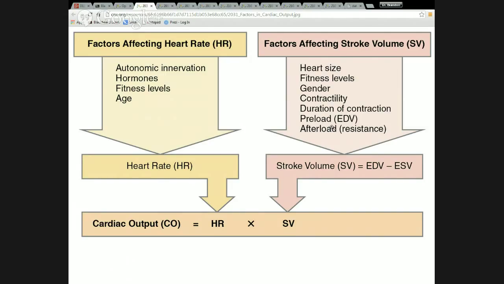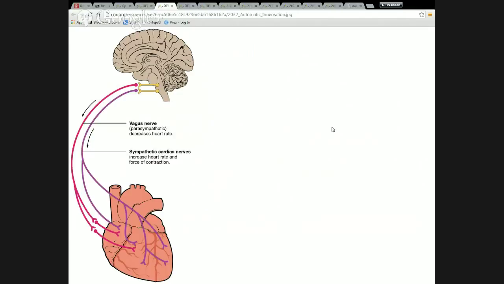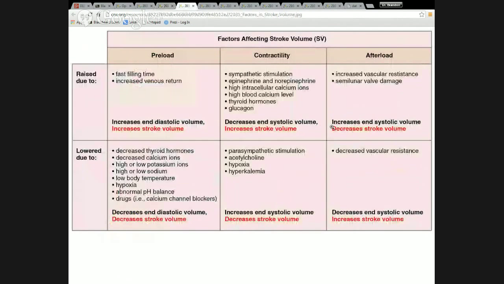And the figure that I started to go to that I backed out of right here is addressing that. So the major ways that we affect stroke volume, other than the ones that I mentioned earlier that we don't necessarily have a lot of direct control over, are preload, contractility, and afterload. Preload is actually a characteristic of any muscle tissue.